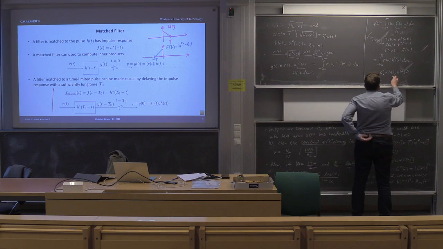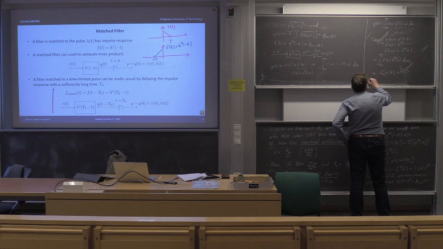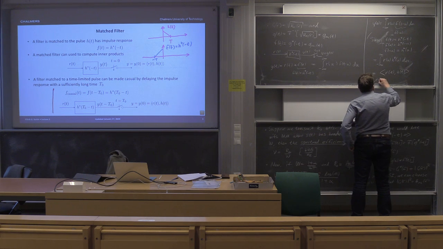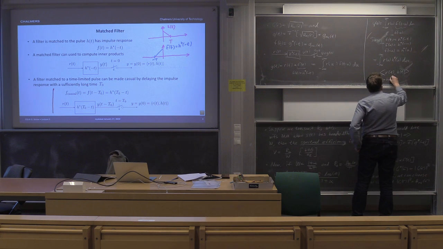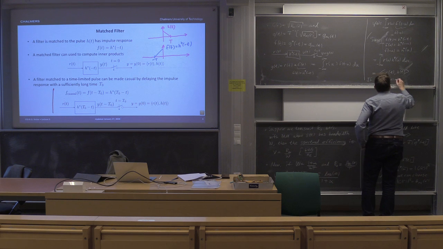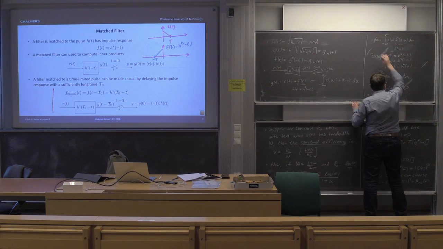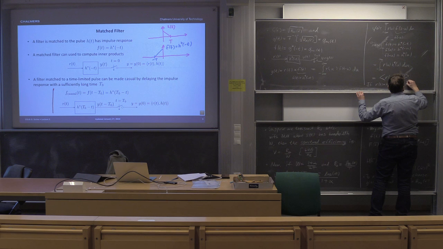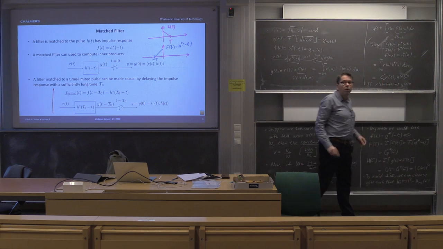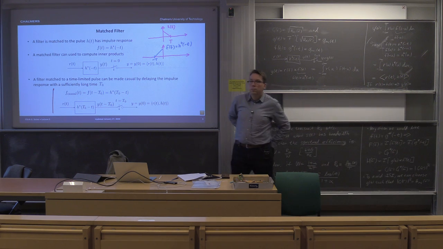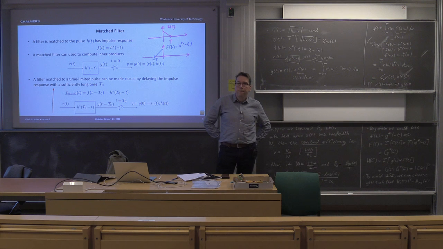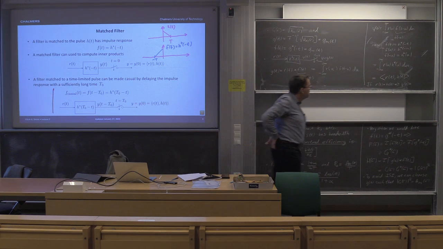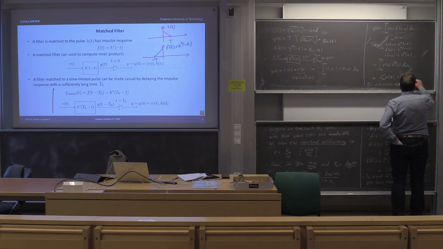One thing we note from this also is that if r of t is equal to h of t, then the output, y of 0, what is that? Well, it's the inner product of h with itself.